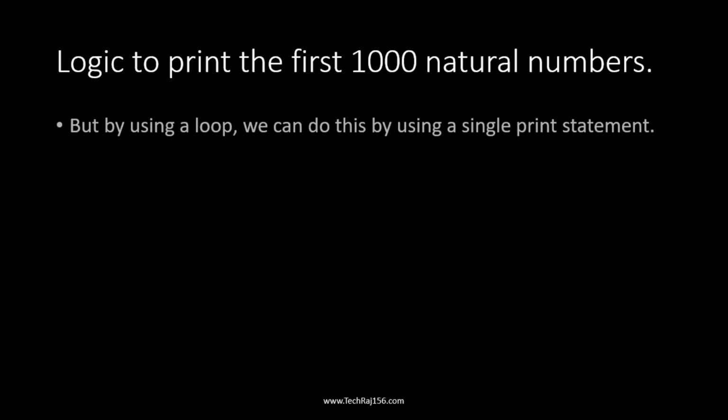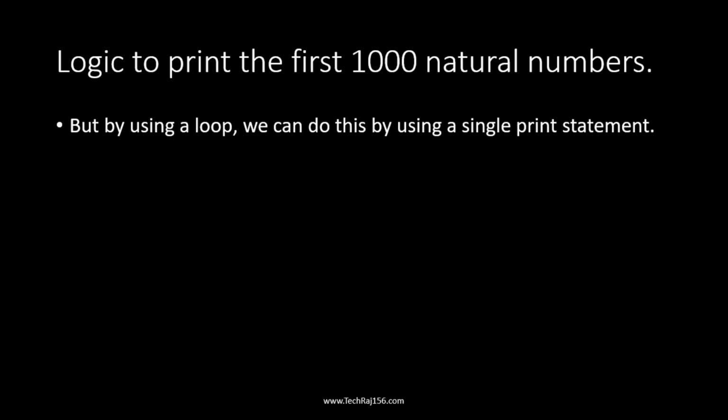Let's look at this. By using a loop, we can do this with a single print statement. Instead of typing 1000 print statements, you can use a single print statement and make it execute 1000 times.